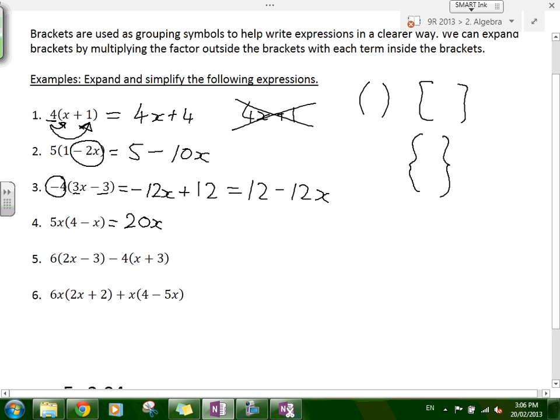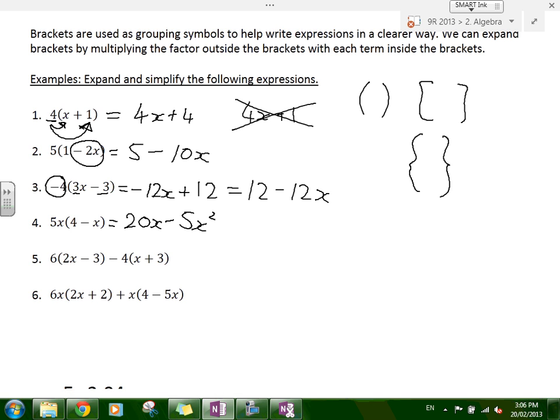Good. 20x minus 5x squared. Multiply the term on the outside, the factor on the outside, with each term on the inside. 20x minus 5x squared.